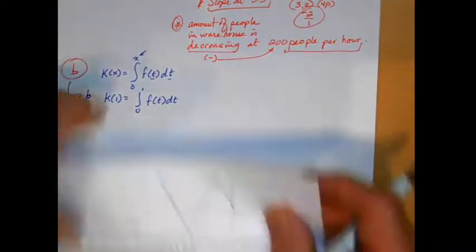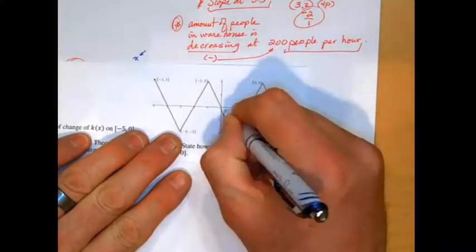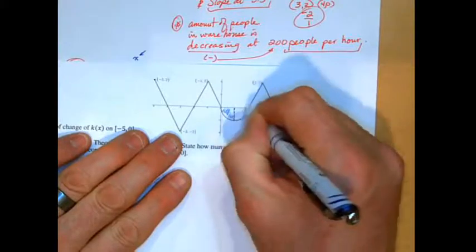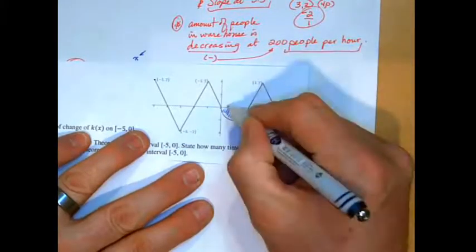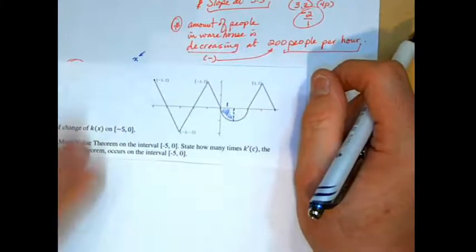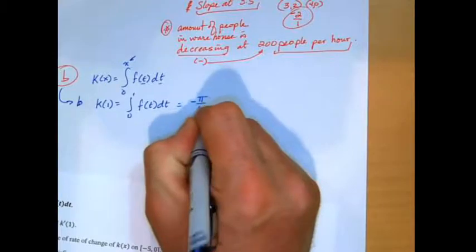What you need is the area from 0 to 1. Well, this is a semicircle because it told us that. It has a radius of 1, and it's 1/4 of it. So this is going to be negative pi over 4.